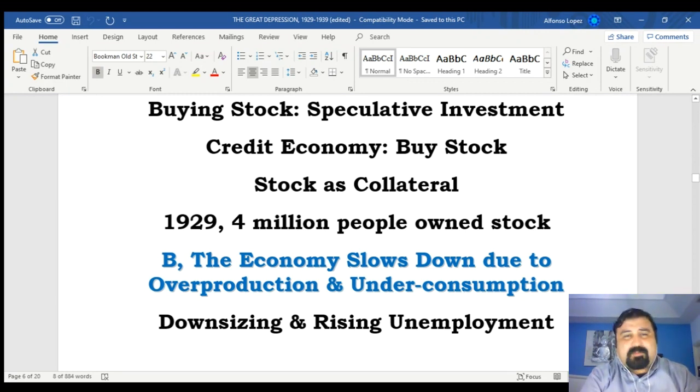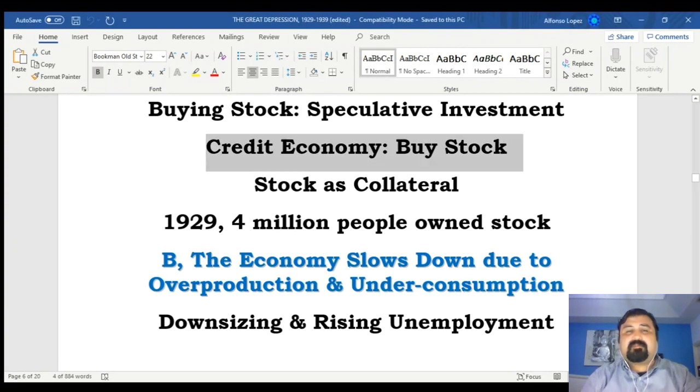So how were people buying stock, therefore, in the stock market? How were people actually buying the stock? Well, if you have the money at hand, you can just go and buy it and pay cash. But now that there's a credit system, a credit economy, you can make a very wise use of it.